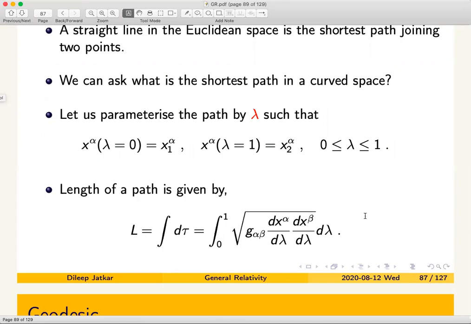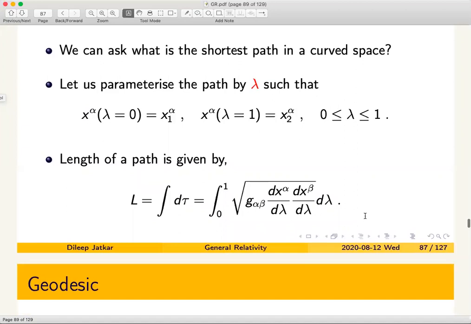But nevertheless, the statement that one is really looking at is a variation of this functional. Okay, in the Euclidean space, variation of this functional becomes quite easy.